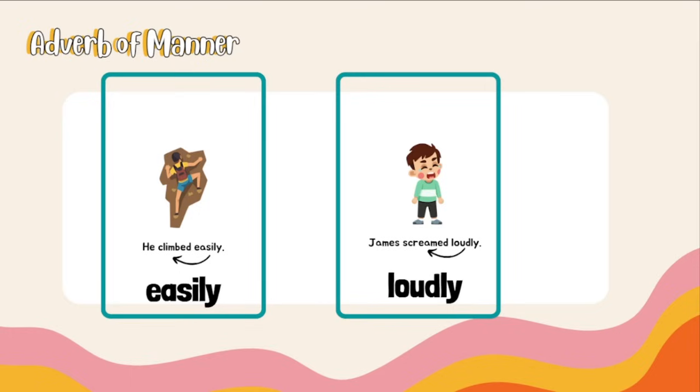And the next one is, James screamed loudly. Loudly is our adverb that modifies the verb. The verb here is the word screamed. So loudly, the adverb, modifies the verb.